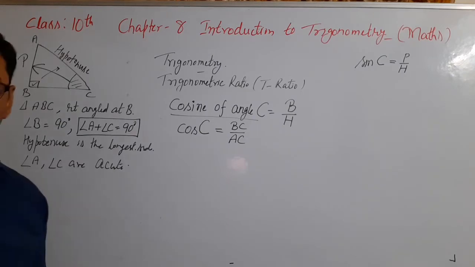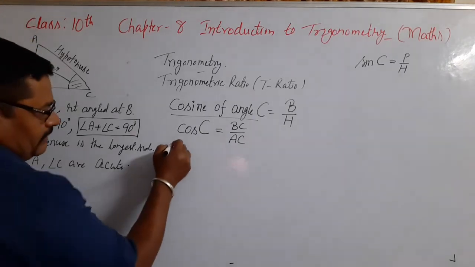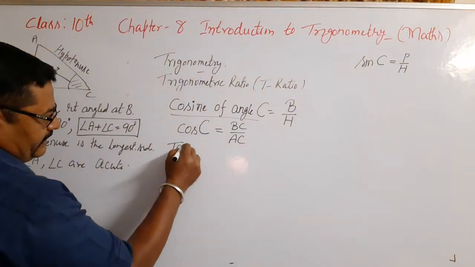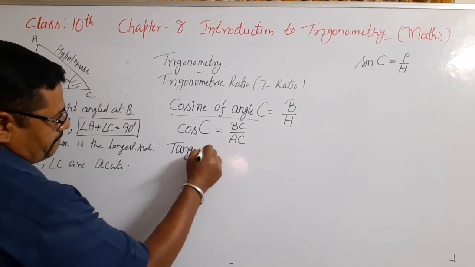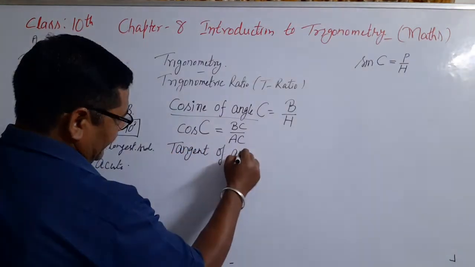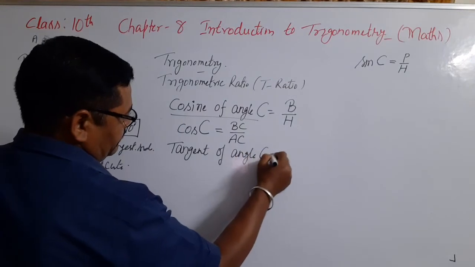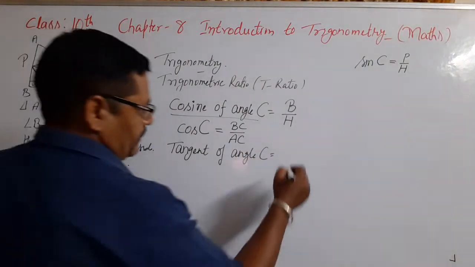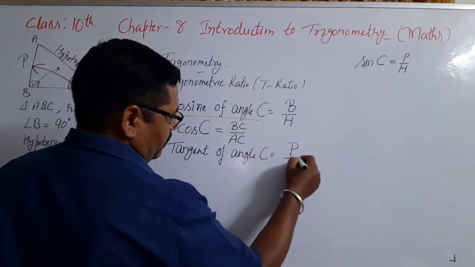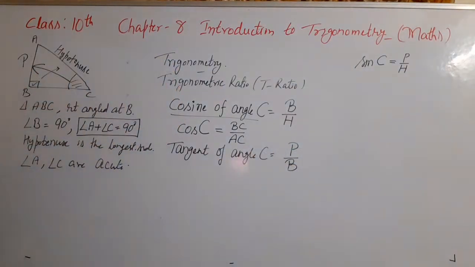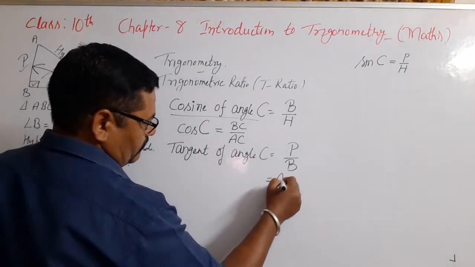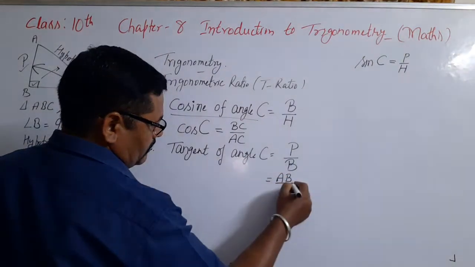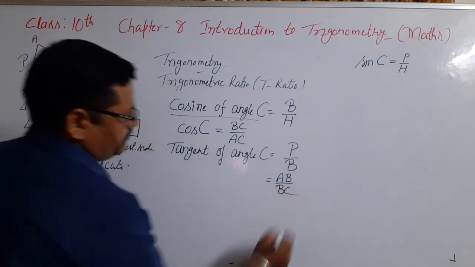And the third trigonometric ratio is tangent of angle C. This is equal to perpendicular upon base. Perpendicular is AB and base is BC.